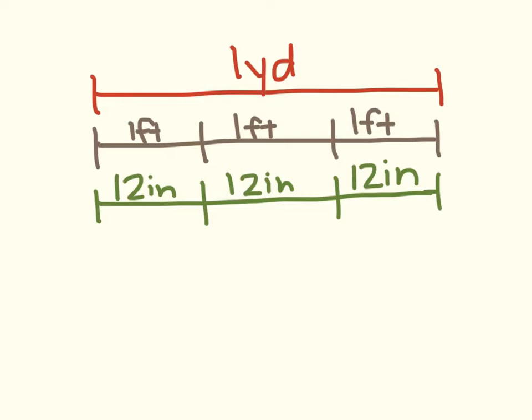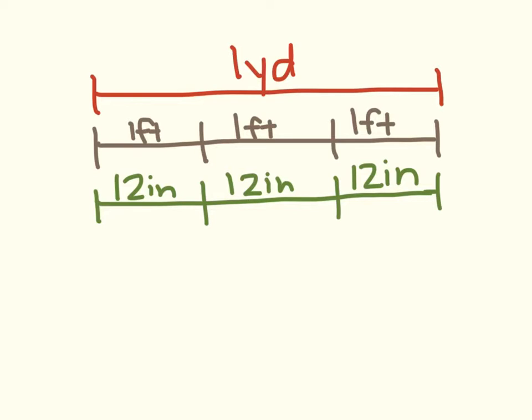Now all of those together give us a visual of 3 feet equals 1 yard, 12 inches equals 1 foot. Now you should be able to look at that and tell me how many inches equals 1 yard. So look at it and see if you can come up with an answer. How many inches equals 1 yard?